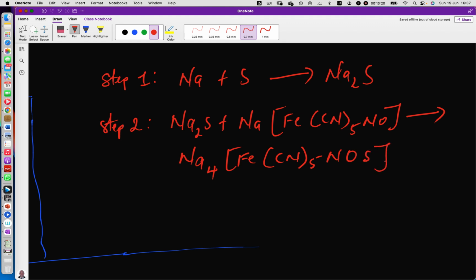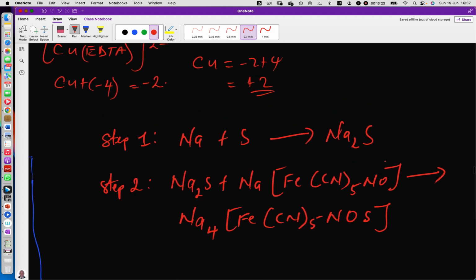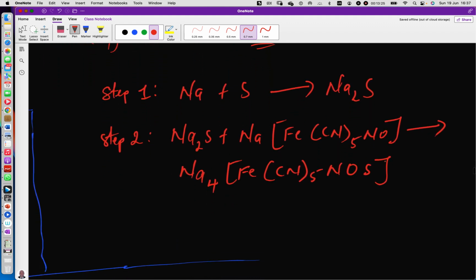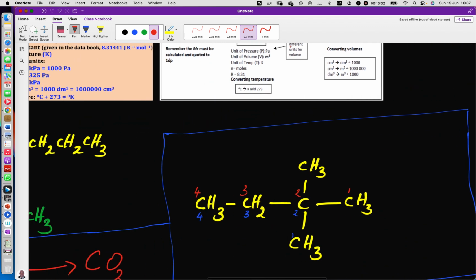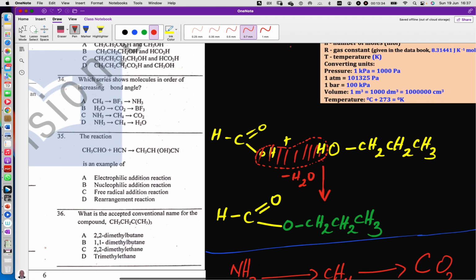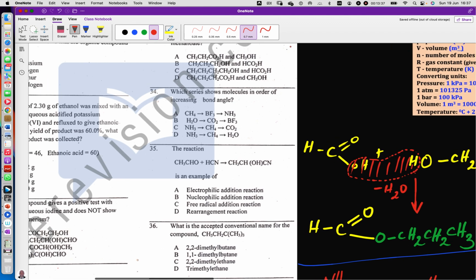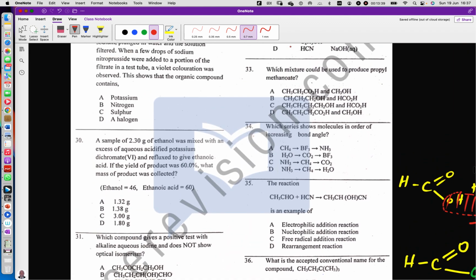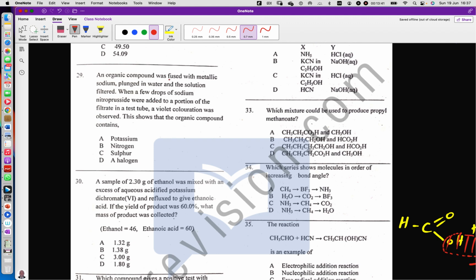So as I said, a violet color. Let me go back to the question so that you can better understand. Question number 29. A violet color with sodium nitroprusside is a test for the presence of sulfur in an organic compound.